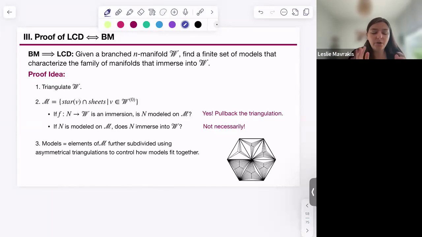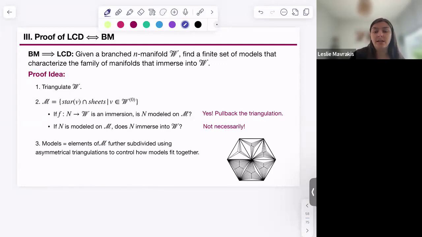I don't want to go into that too much. The point is maybe your first idea of what the set of models should be almost works, and you just need this fix that makes sure you can control how the models fit together. Okay, so that's the idea of one direction. How do you get models from a branched manifold?